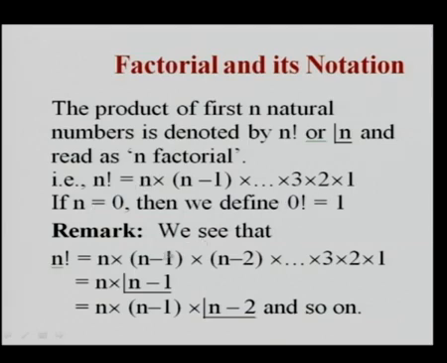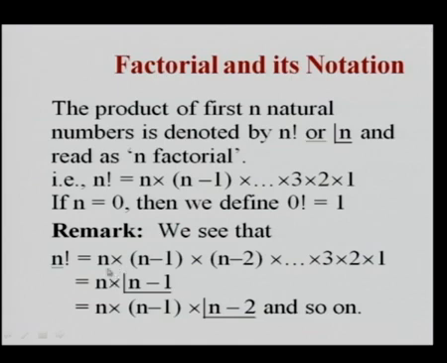We see that factorial n can also be written as n as it is, and then n minus 1 into n minus 2 and so on, 3 into 2 into 1. This is the product from 1, 2, 3 and so on up to n minus 1. So factorial n can also be written as n into factorial n minus 1.